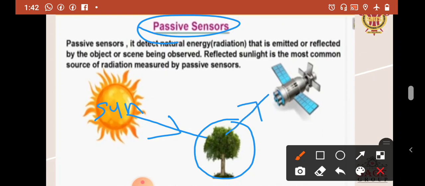Then the reflected energy or reflected light is detected by the sensor, and these sensors record the data of the object and send it to the receiving station.